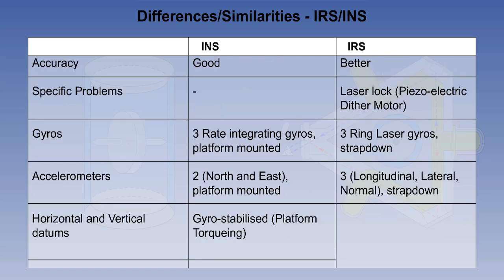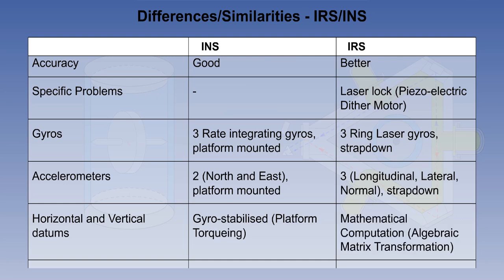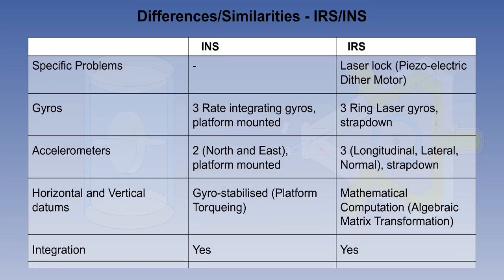The horizontal and vertical datums in INS are maintained by a gyro-stabilized platform, whilst in IRS, this is achieved by algebraic matrix transformation in a mathematical model. Accelerations are integrated into velocities and velocities into distances in both INS and IRS.